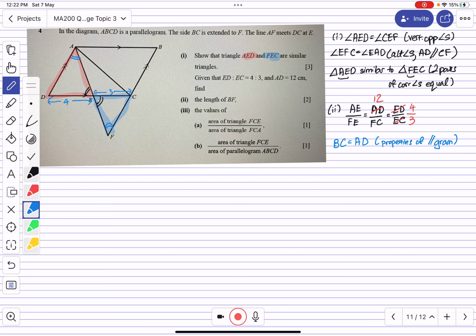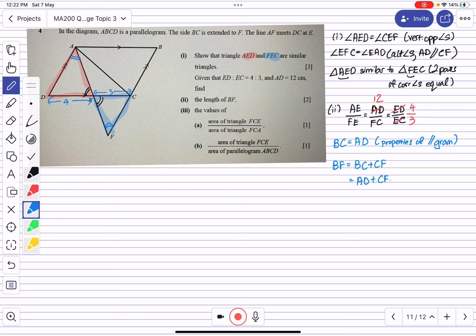Okay, so because of that, I can also say that BF, instead of BC plus CF, is the same as AD plus CF.